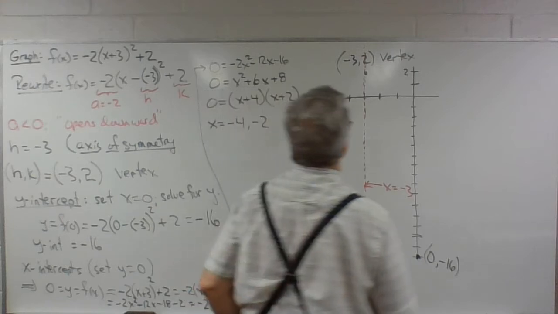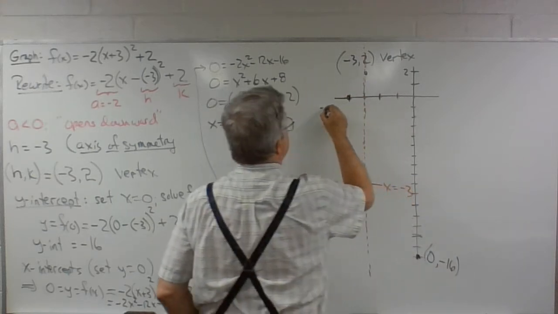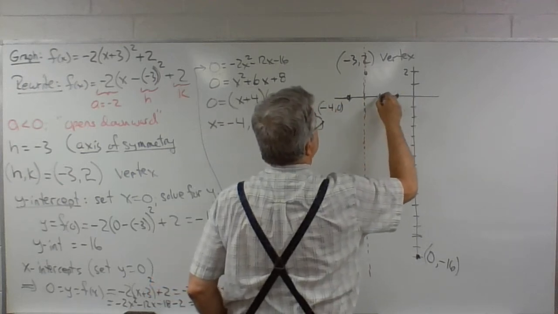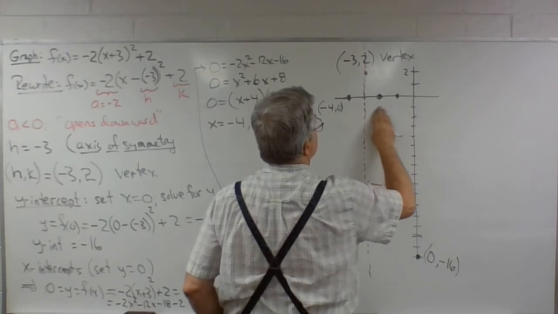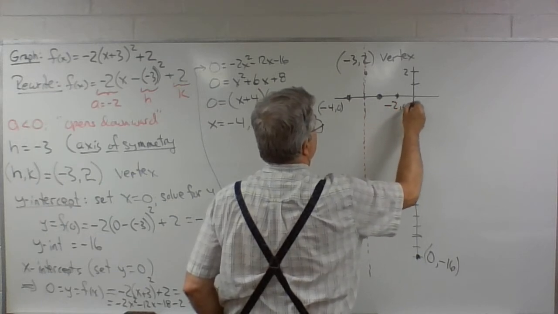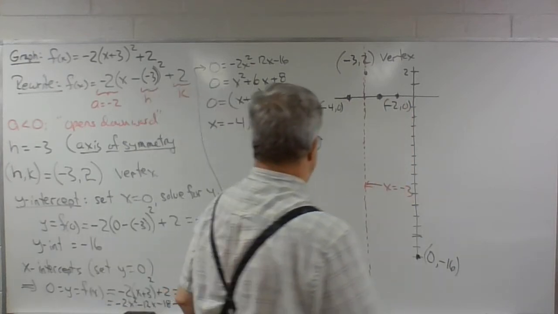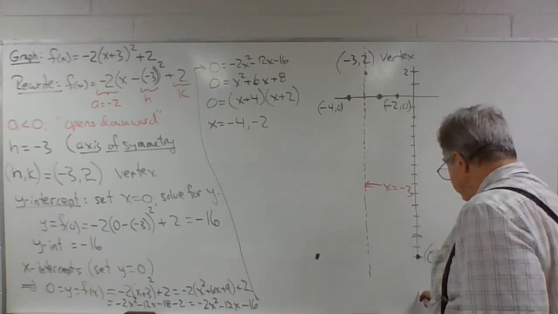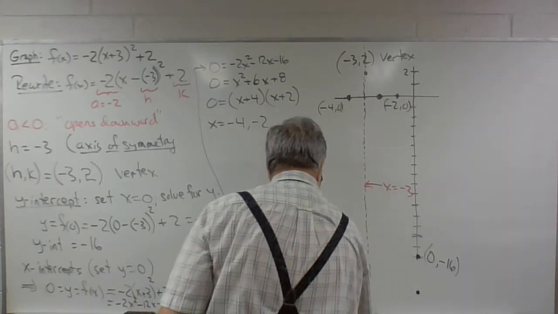Oh, wow. So this is a point, (negative 4, 0). And this is a point, (negative 2, 0). We were really lucky there. And I think maybe I better move these points down just so that everything will be drawn closer to scale.